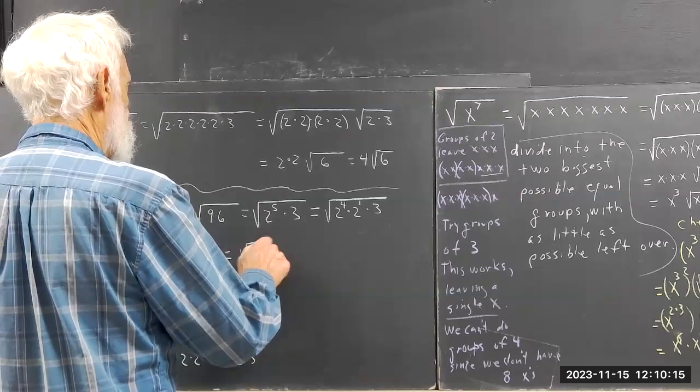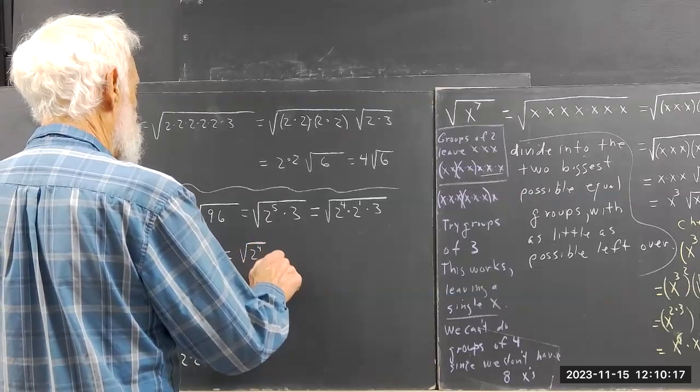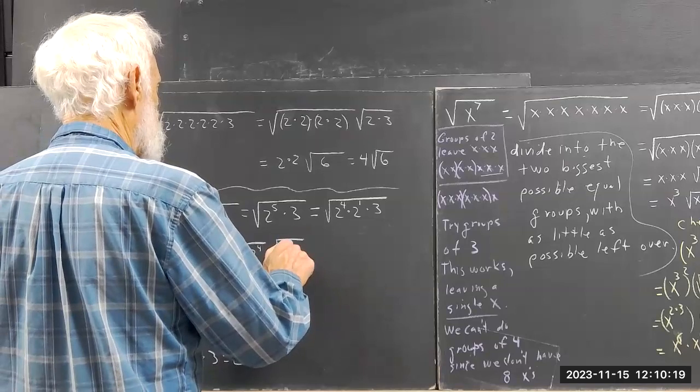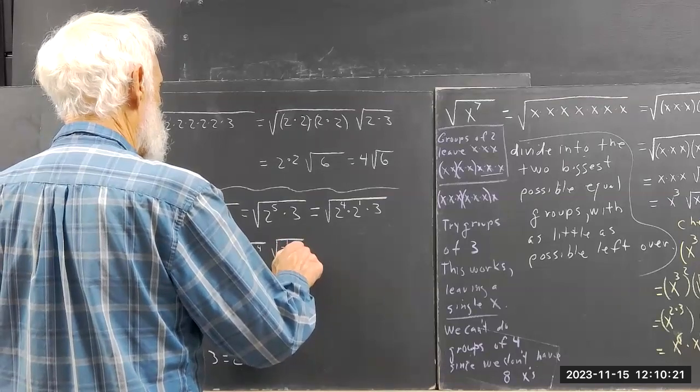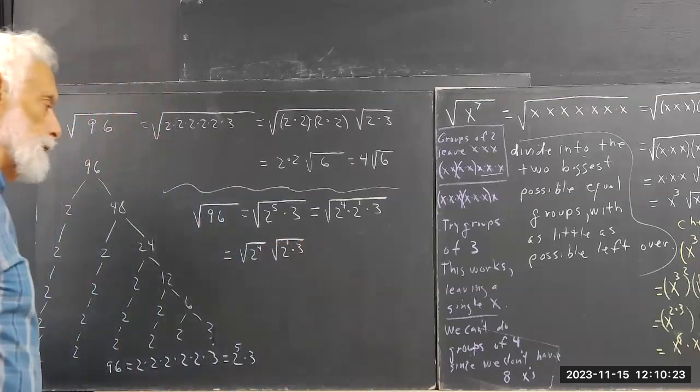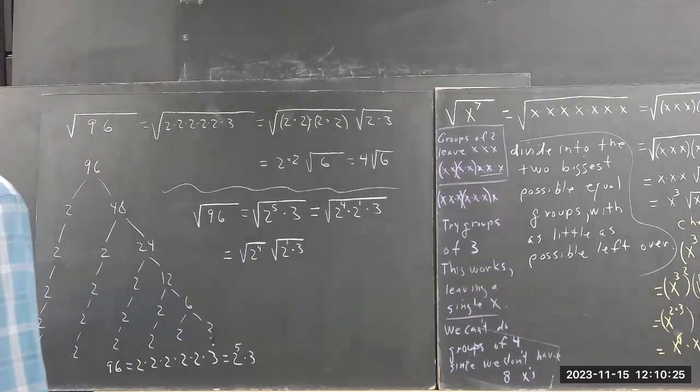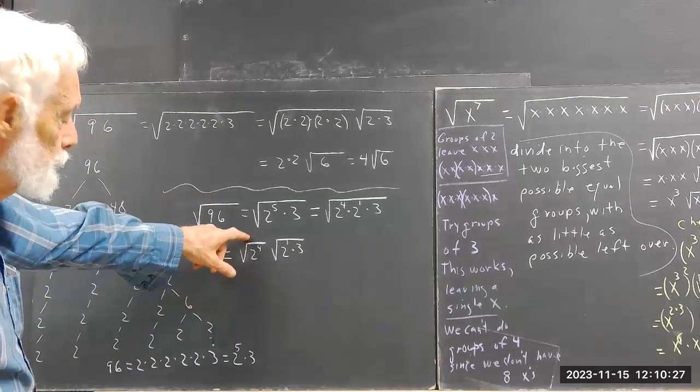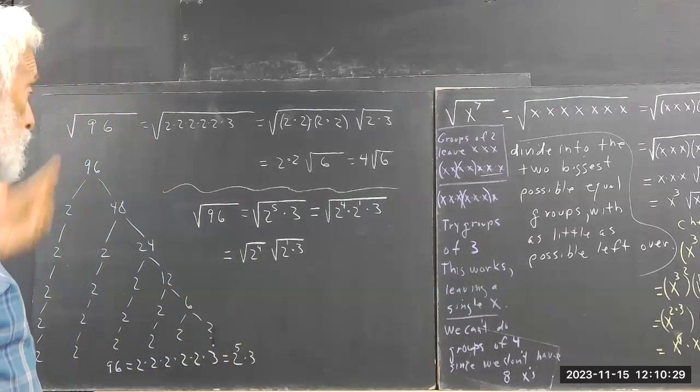Then I can write this as the square root of 2 to the 4th times the square root of 2 to the 1st times 3. And what's the square root of 2 to the 4th? You take half the power.